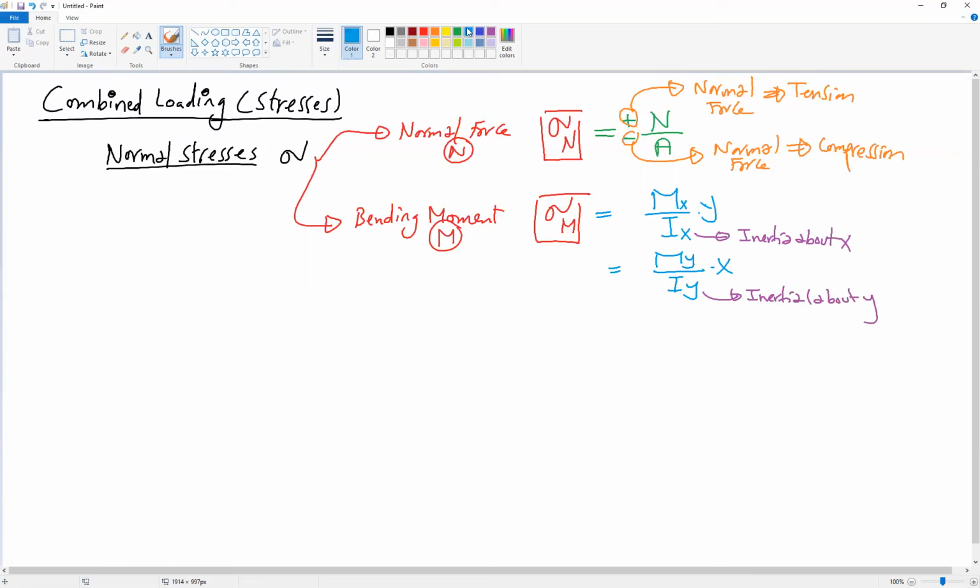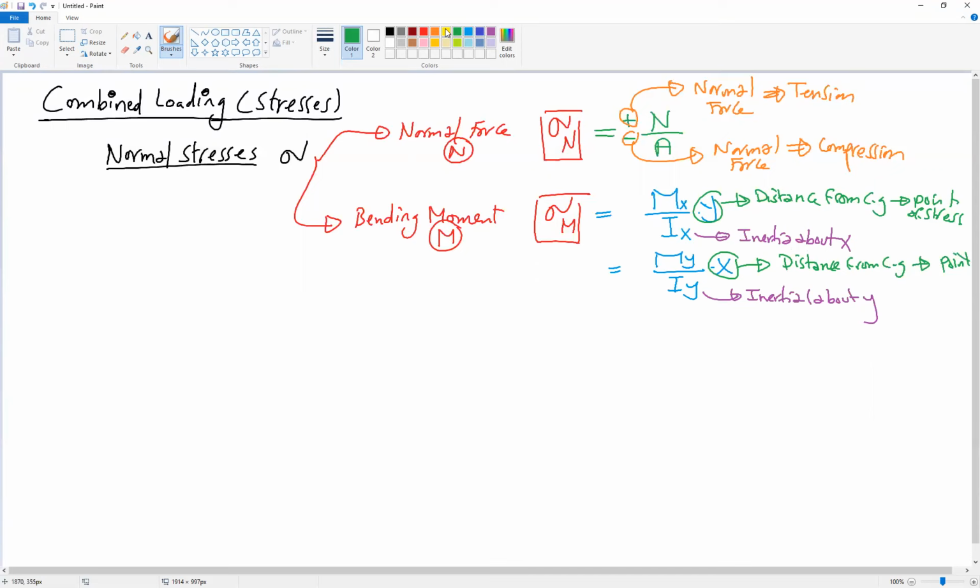x and y are the distance from the centroid CG to the point of stresses, and x is similar, but in the x direction, the distance from centroid to the point of stresses.